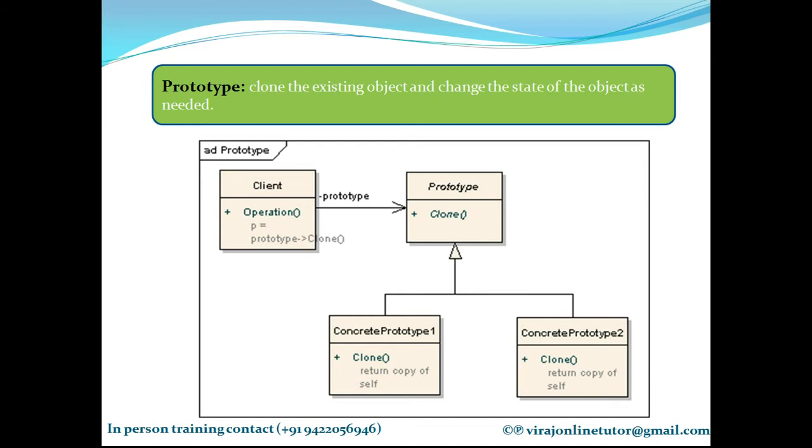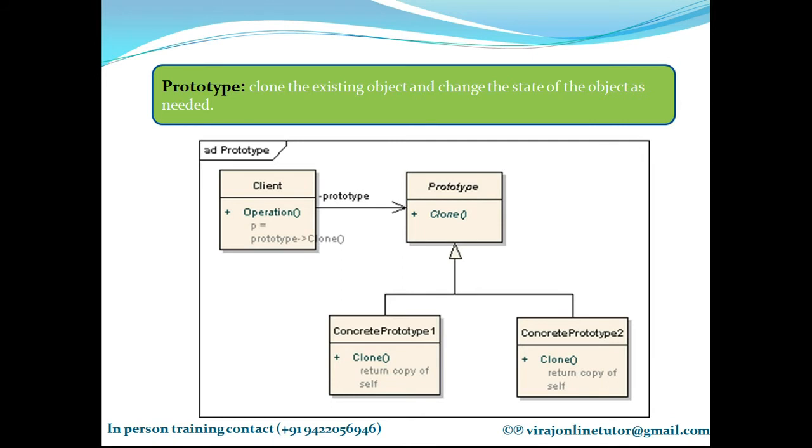So for each user that is logging into a system, if the system is already up, we do not set up the database again and again. What do we do? We just clone the first object that was created. When the system was coming up, we created the very first object which created all the database settings for us.